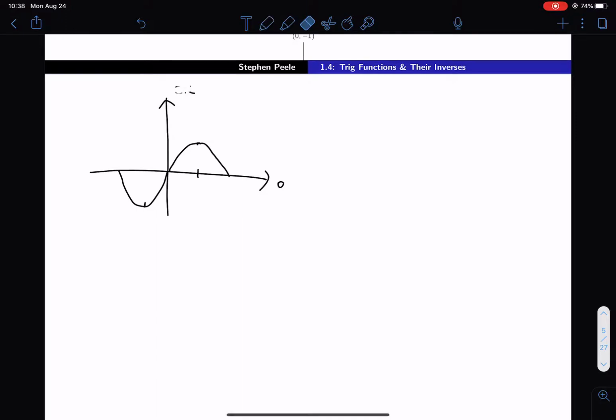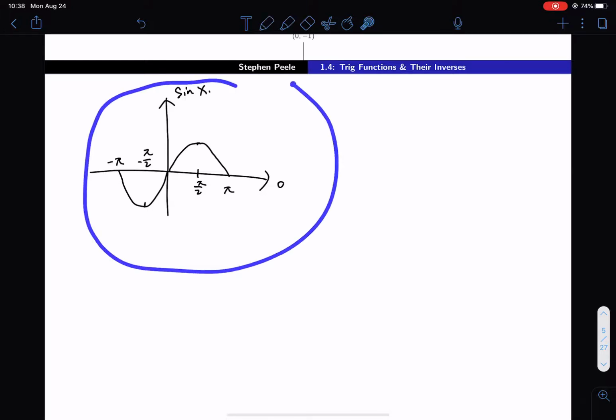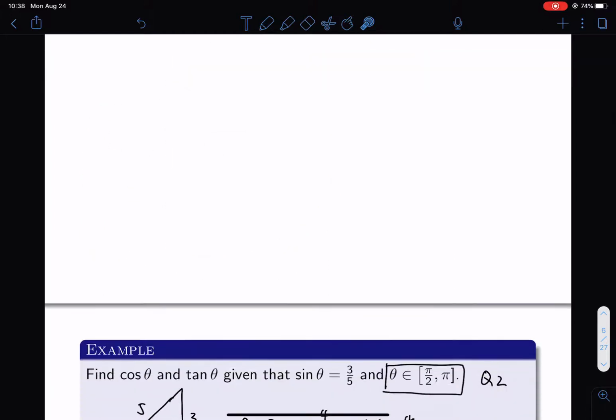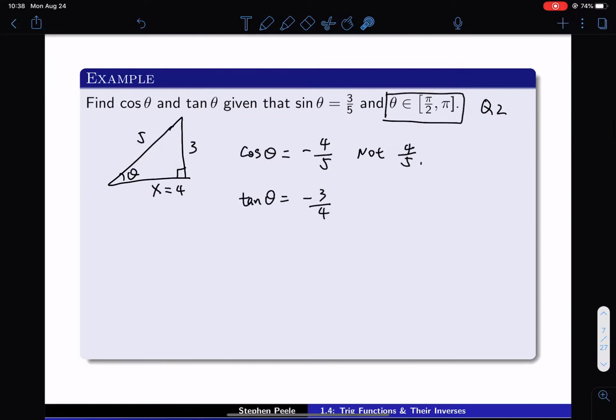Sine of x is a periodic function. Later, I'm going to go back to this function graph to see how we can use it to solve some specific functions.